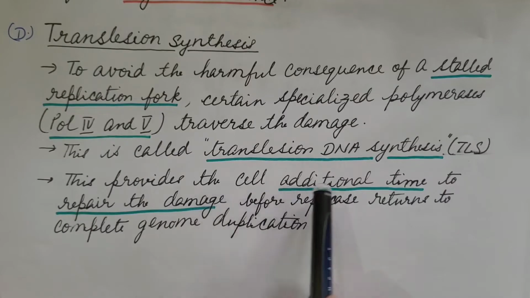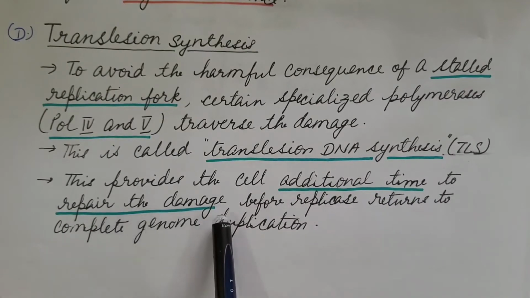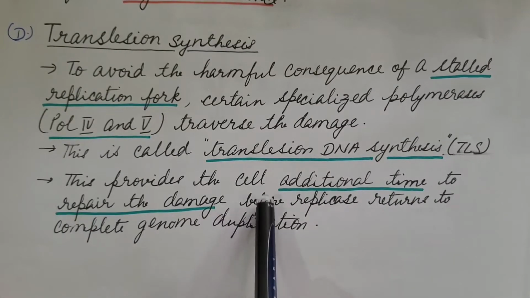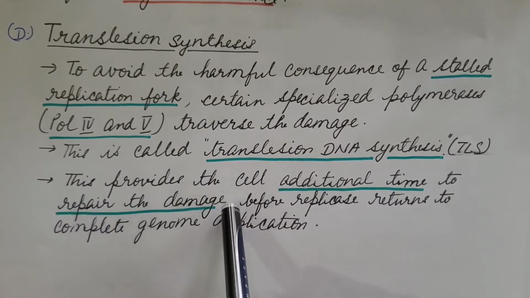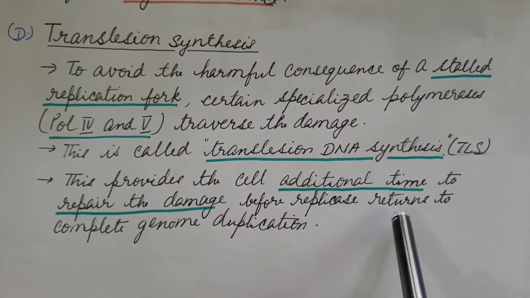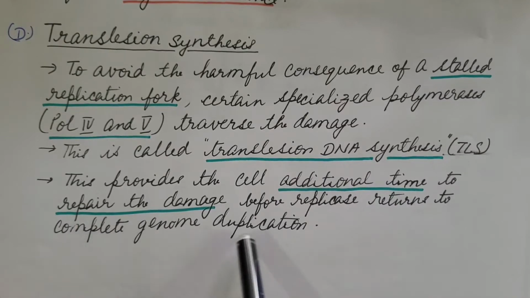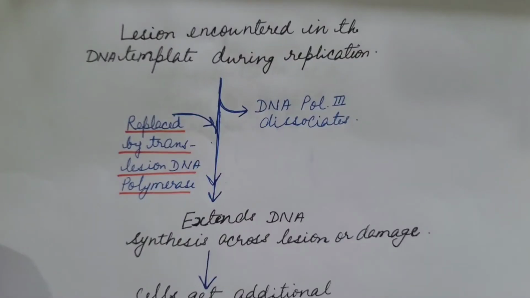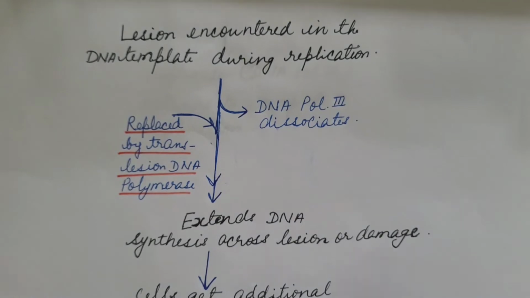This provides the cell additional time to repair the damage, and once the damage is repaired, replicase, in this case DNA polymerase 3, returns to complete genome duplication. Let us understand it in this way.